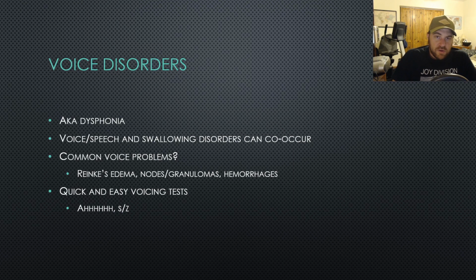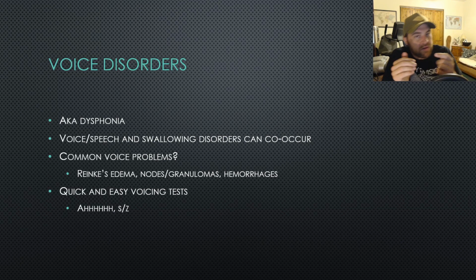If they're not 1 to 1, likely what's going to happen is that the Z will take a little bit shorter time, so you'll end up with a higher S ratio, and that's because there's some sort of issue in adducting the vocal folds. Maybe they adduct too much and too tight, and it takes a little extra work to get the Z to start, and then too much air comes out, and then you can't say the Z as long. So that's another voicing test.